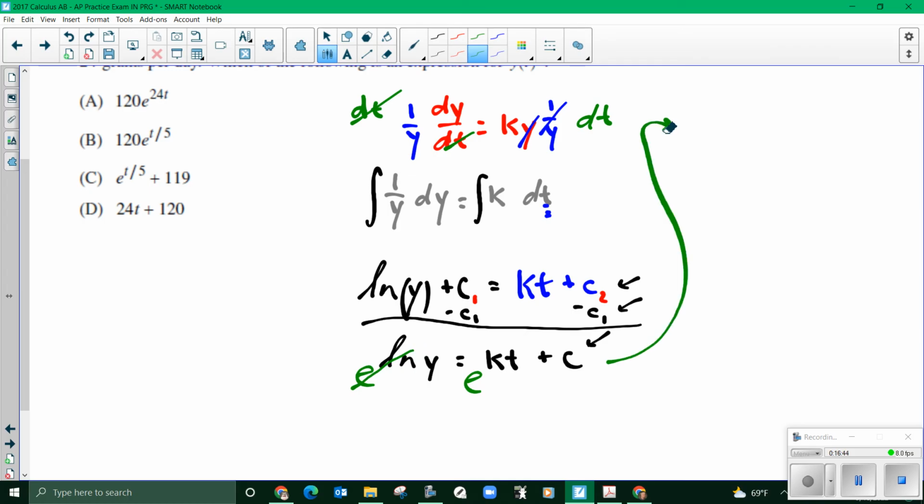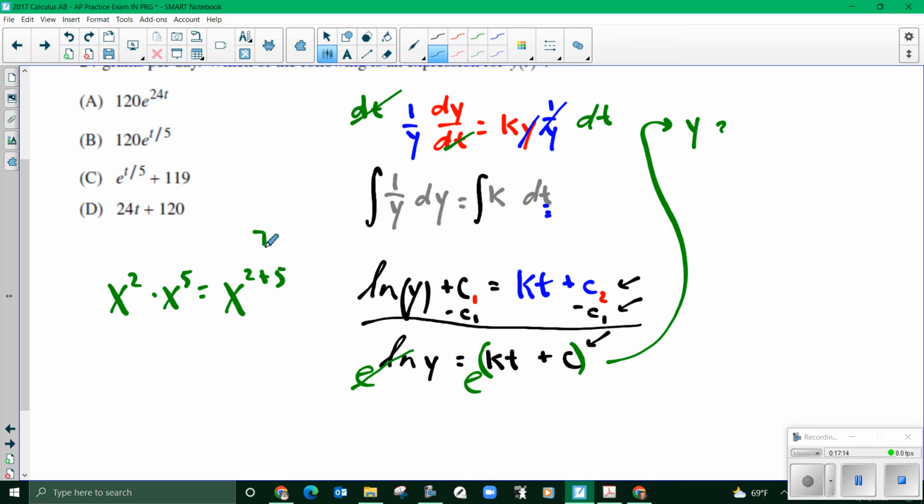We'll go up here for the sake of room, and I just have my y equals e to the kt plus c. This is all one exponent. The rule of thumb is, what do I do in order to add exponents? I need to multiply things with similar bases. So if I had x squared times x to the 5, isn't that x to the 2 plus 5, or x to the 7?